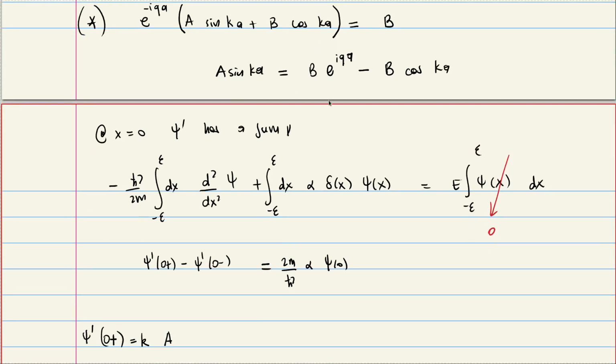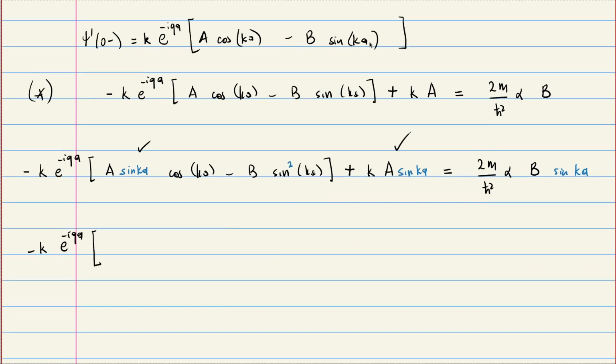Now wherever I see this, I can also take it like B, like that. And now I think hopefully it will work. Let's see. A sine Ka, I don't want to take it, I just want to take this piece. So this is the first one: cosine Ka minus B sine squared Ka.